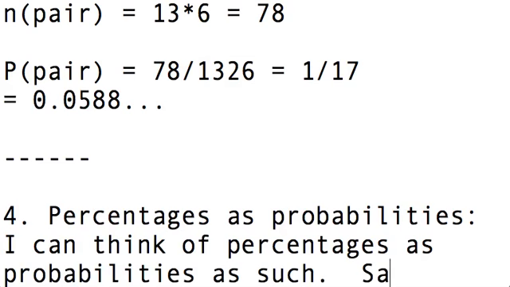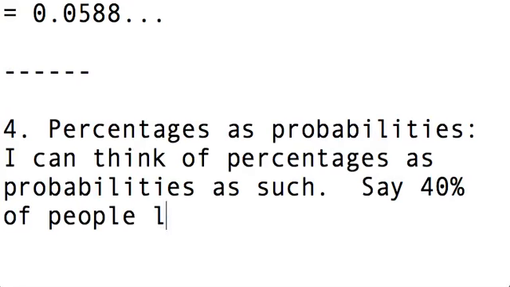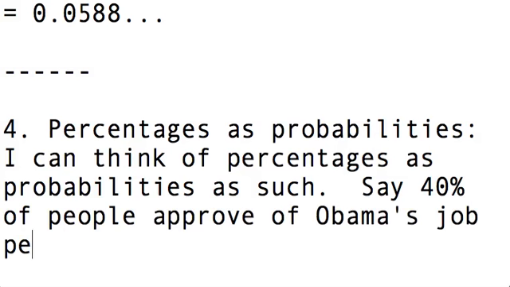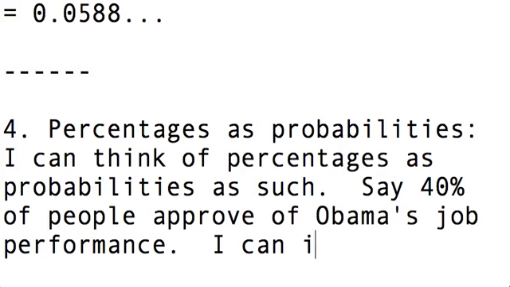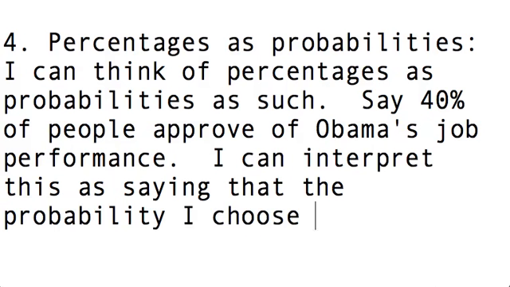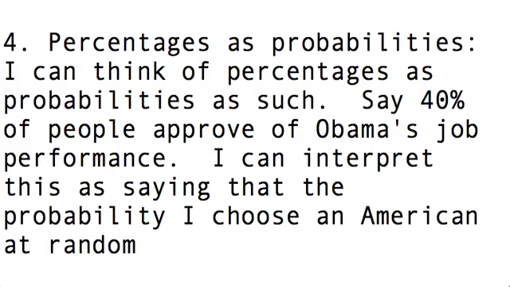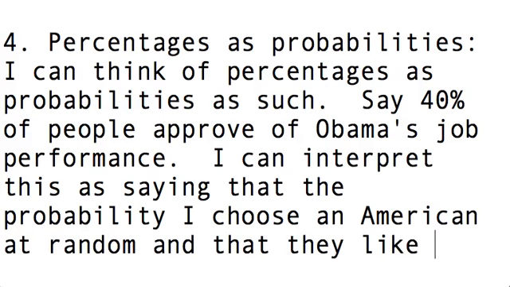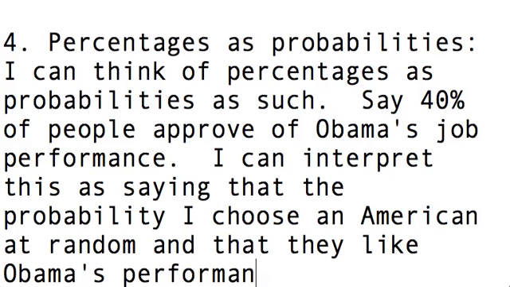Say 40% of people approve of Obama's job performance. I don't know what the actual number is. I can interpret this as saying that the probability I choose an American at random and that they like Obama's performance is 0.4, because that's what corresponds to 40%.